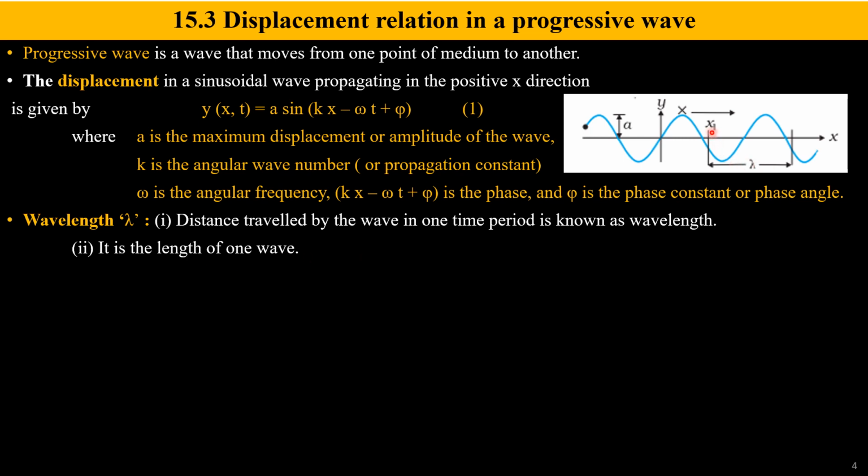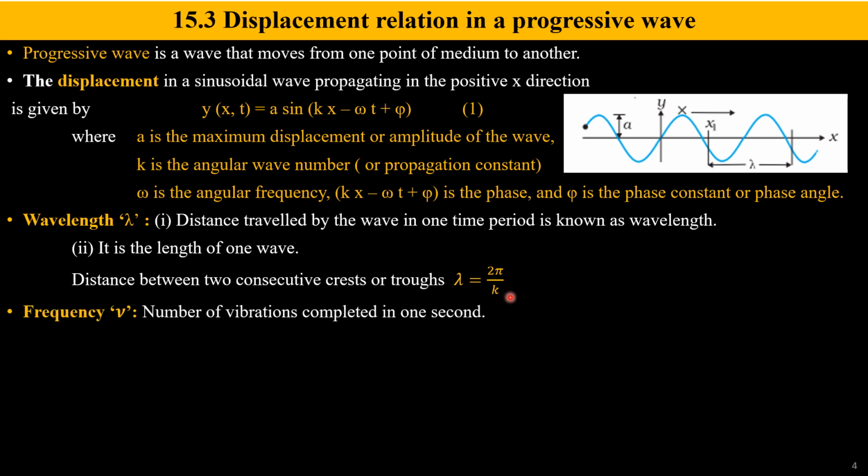You see here, from the point x1 to another point, say x2, is the wavelength lambda, as plotted on the x-axis or position. The distance between two consecutive crests or troughs is given by lambda, and its relationship with the angular wave number or propagation constant is lambda equals 2π divided by k.